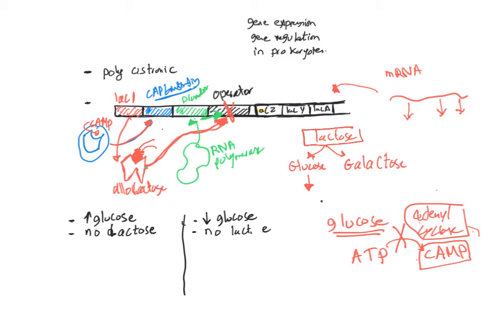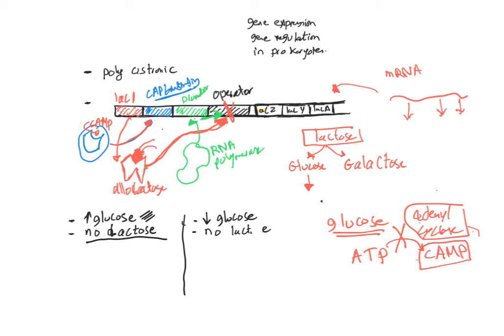Then we have different scenarios. Whenever you have high glucose and no lactose, what is going to happen? As we said, glucose is always preferred, and there would be no lactose.